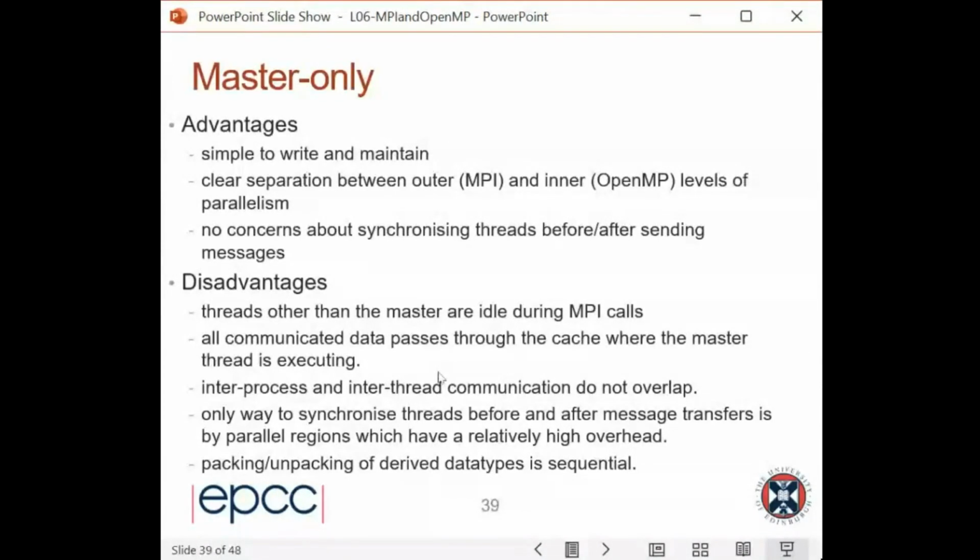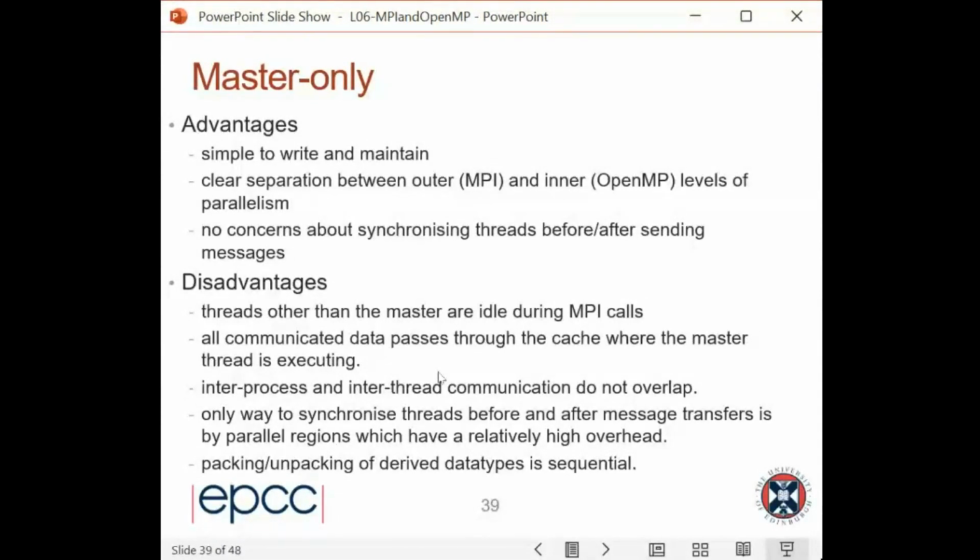Also, because only a single thread is calling the MPI library, if there's a large amount of work required by the MPI library, then that may be quite slow. So for example, I talked about using derived data types for non-contiguous data sections.